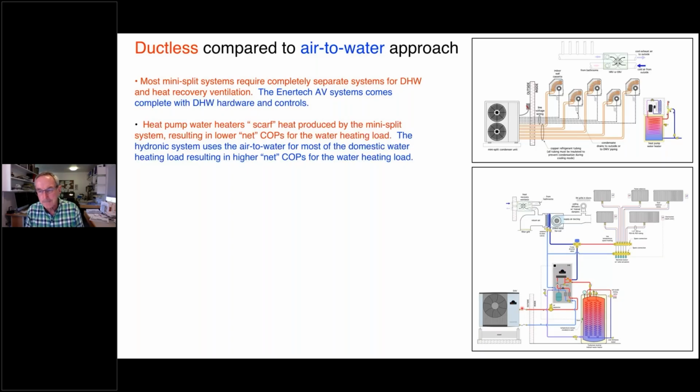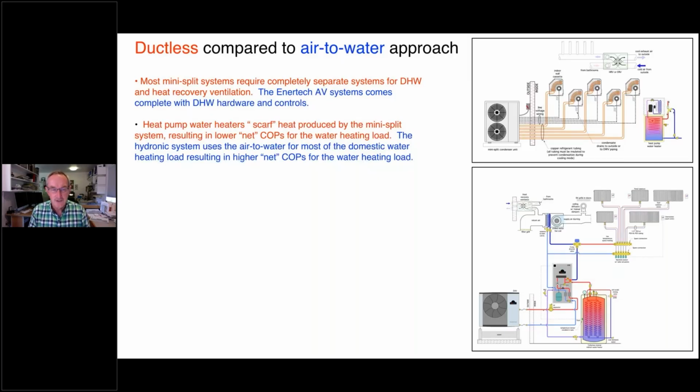So I can give you an example of that, just some nice, simple round numbers. Let's say the air-to-air heat pump is operating with a COP of 4, which is very respectable. Let's say that the heat pump water heater is operating with a COP of 3.